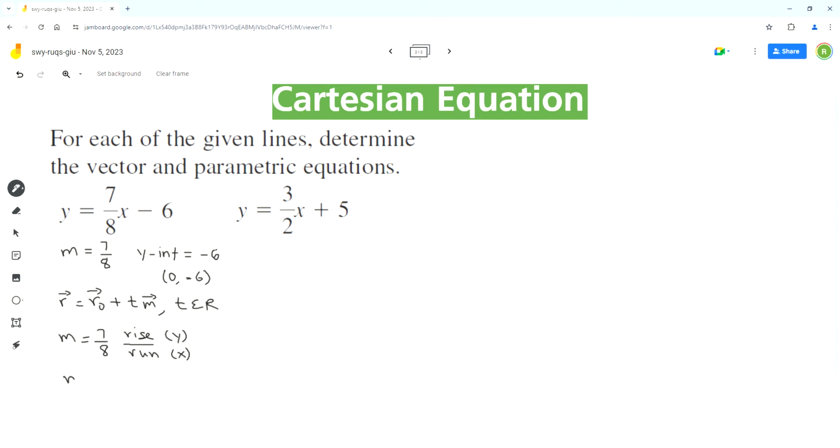So the direction vector for this line is 8, 7 because 8 is the run in the x direction, so 8 becomes the x component and 7 is the rise which is in the y direction, so it becomes the y component of the direction vector. Now we can write the equation in vector form. So a point on the line is the y-intercept, 0, negative 6. So that is the position vector of the point.